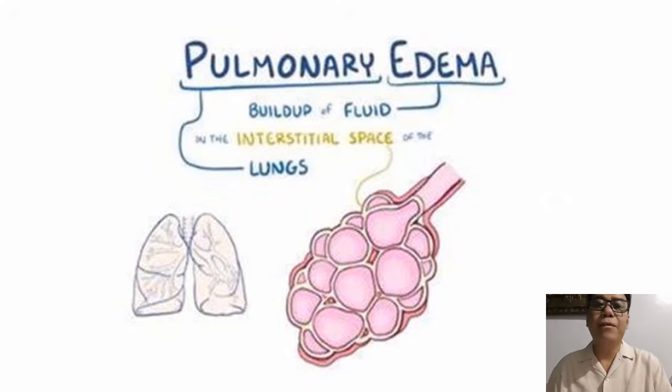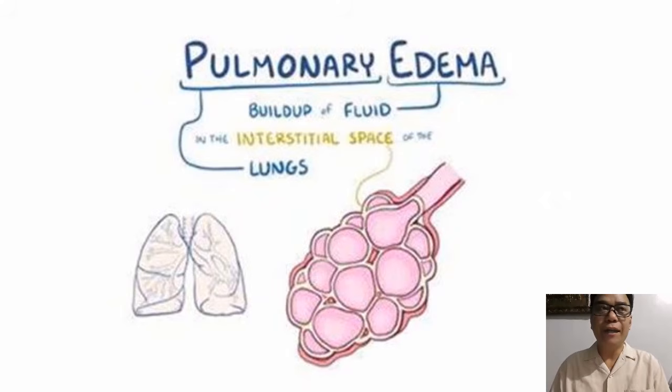Usually pulmonary edema happens because of the overhydration or overaccumulation of fluid in the interstitial space of our lungs.